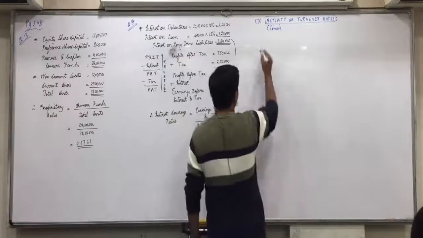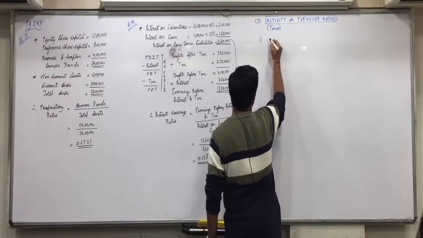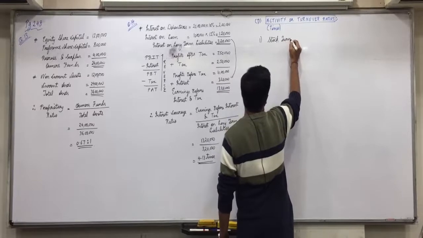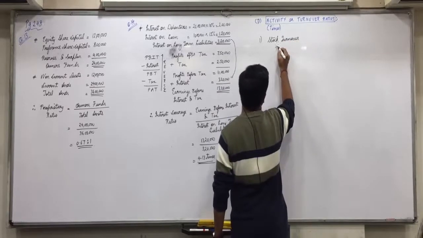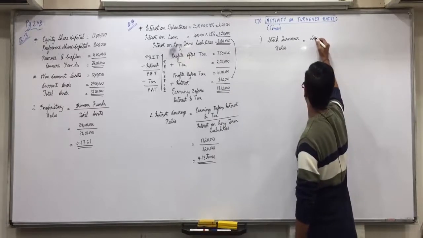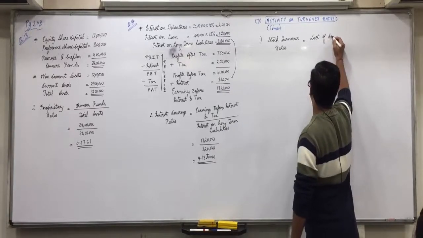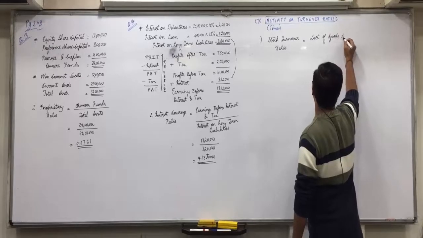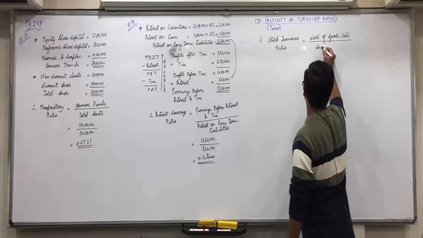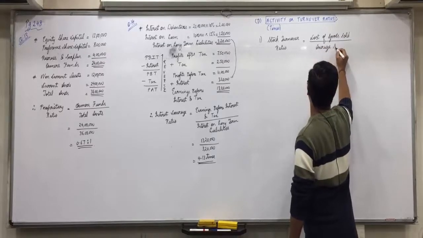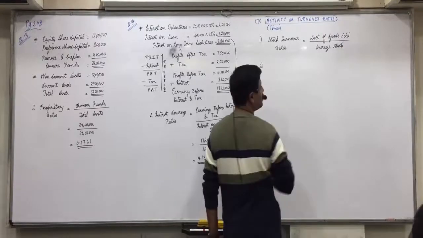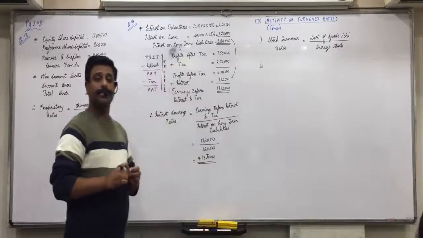Okay, now write down the 4 ratios. Now first one, stock turnover ratio is equal to, which variable of sales? Cost of goods sold divided by average stock. Is everyone clear with this?